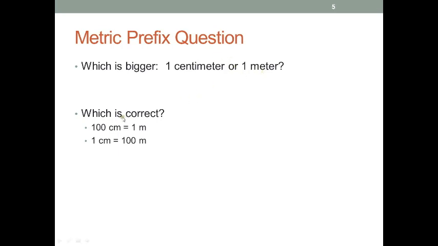So which is correct? Are there 100 centimeters equaling 1 meter, or is 1 centimeter equal to 100 meters? Hopefully, you're all thinking, well, because centimeter is the smaller unit, it takes more to make up the same distance, therefore this is the correct conversion. It's very easy to get it backwards.